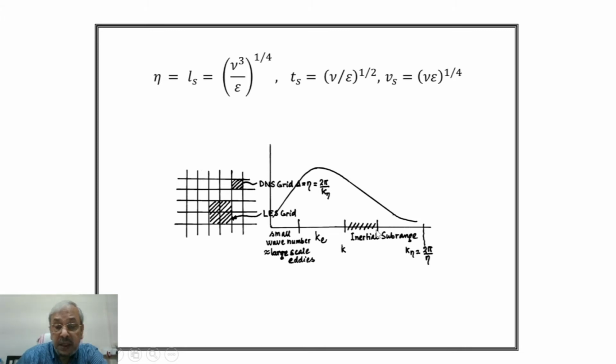If we say L, the corresponding wave number will be 2π by L, and that 2π by L is smaller than 2π by η, because η is the smallest, but that 2π by L will be larger than 2π by Le, because Le is the energy containing larger eddies.